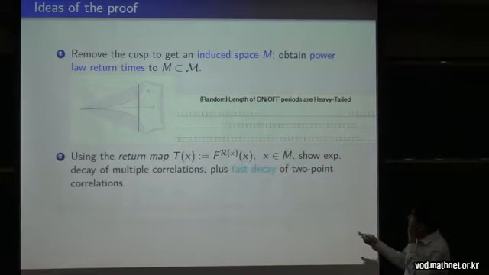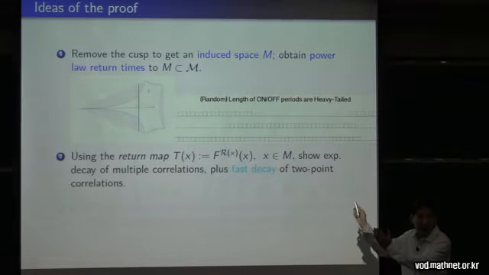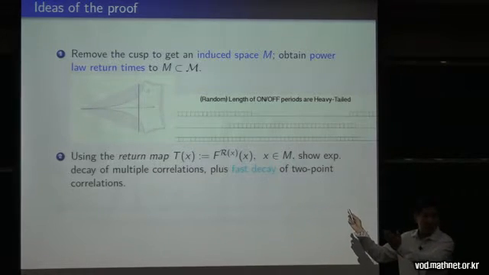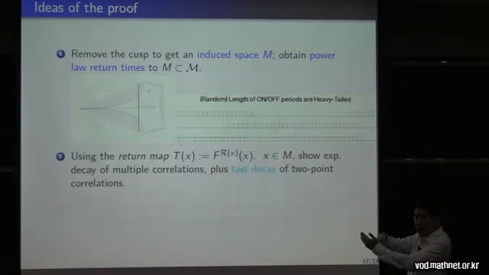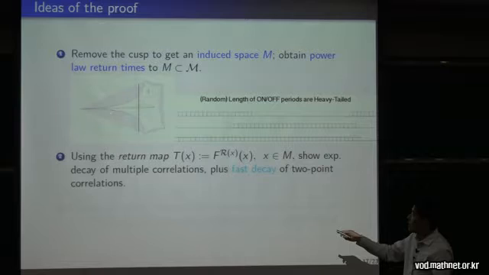Now the second thing we do is we look at this reduced space and think of it as our conditional probability space. Everyone knows about conditional probability. So I chop it off and I consider a reduced space and look at the conditional measure there. But every once in a while I get pushed in here, so I have to change my dynamical system a little bit. What I do is take my map F and iterate it r times, where r is the return time.